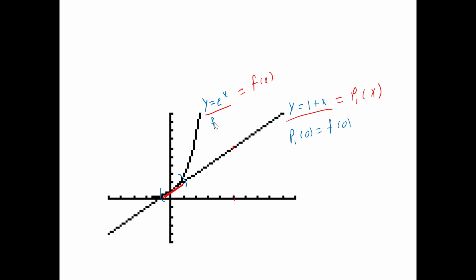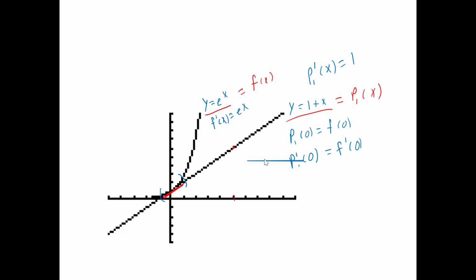F prime of x is also e to the x, and P1 prime of x is just 1. So if I evaluate my derivative function at 0, I get the same thing as if I evaluate the derivative of f at 0.